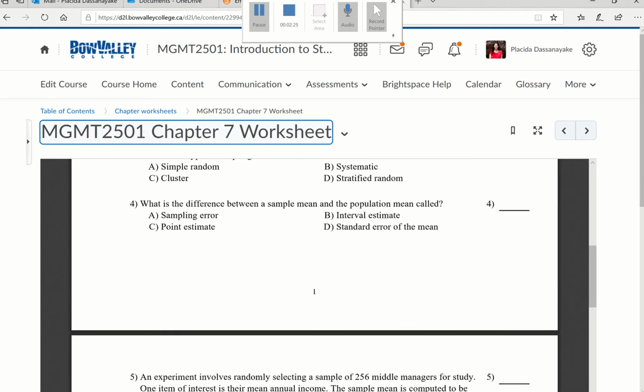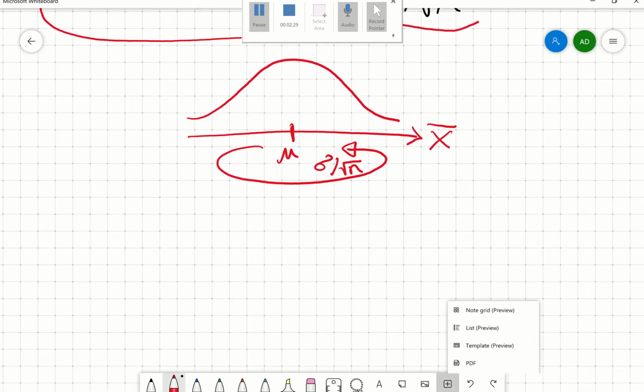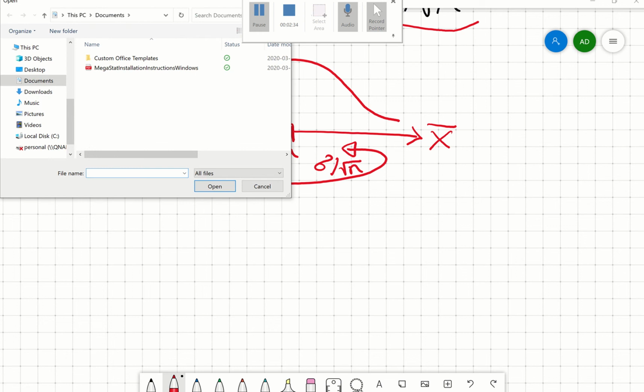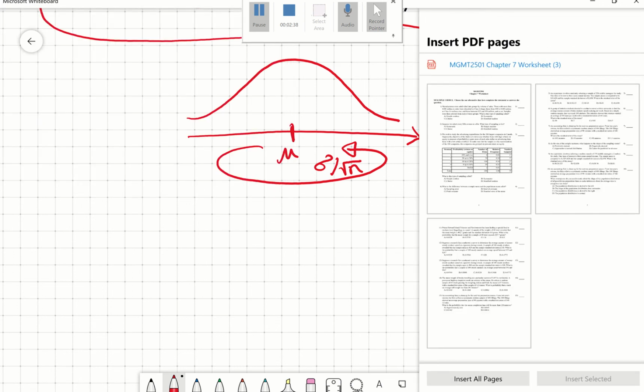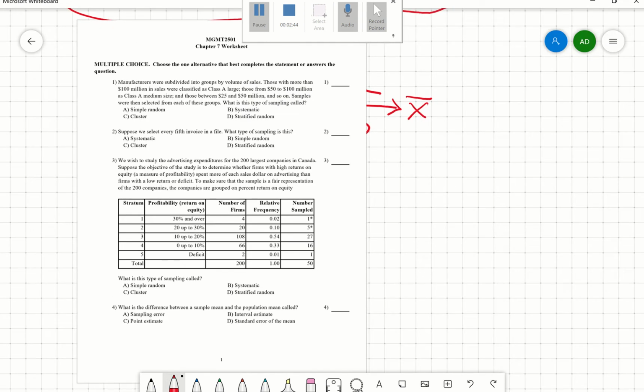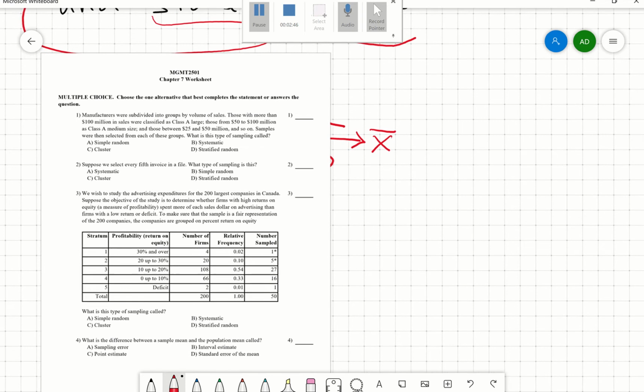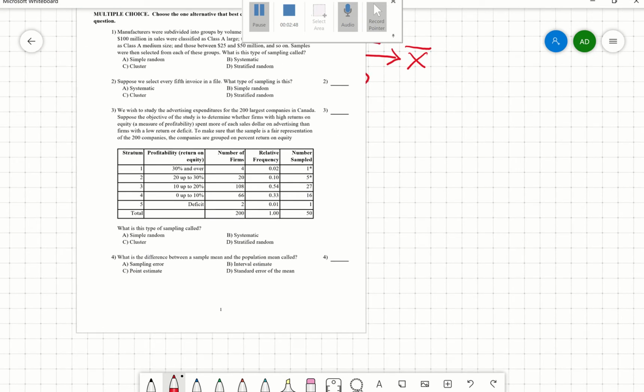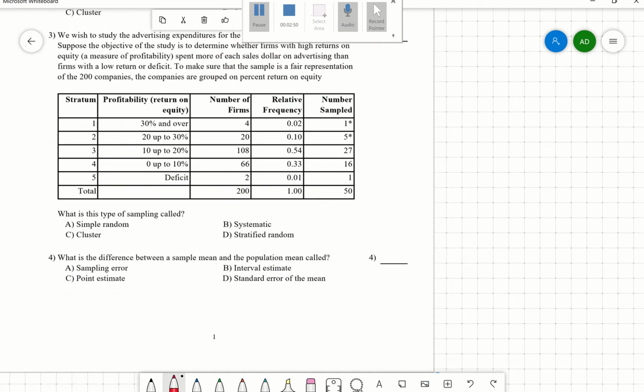Let me get the PDF up on the whiteboard. Alright, let's only get this one for now. There you go.